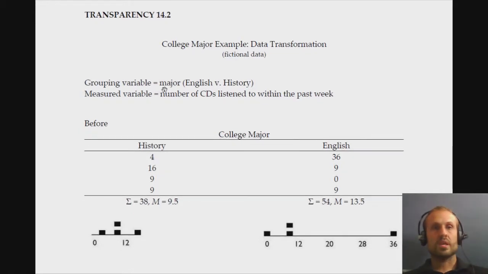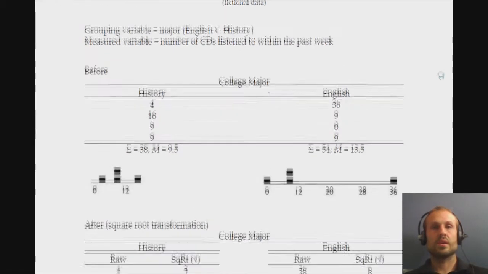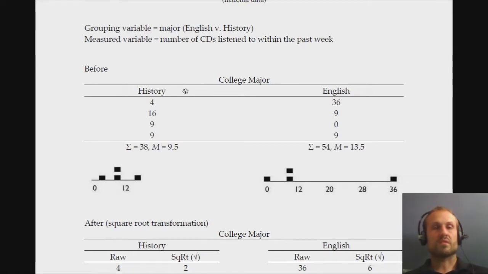So my variable is the major, English versus history, and I am looking at the number of CDs listened to within the past week. So I have two, just for the sake of example, I have history majors and English majors. And I have a sample of 4 here, number of CDs listened to, giving me a mean of 9.5, and I have here a sample 36, 9, and 0 and 9, number of CDs listened to.